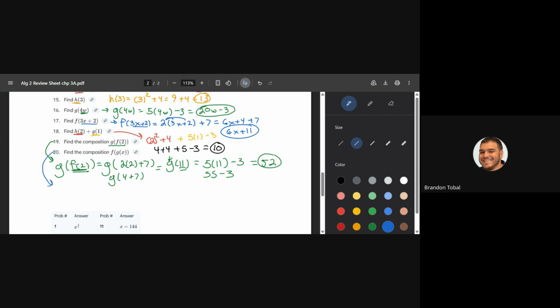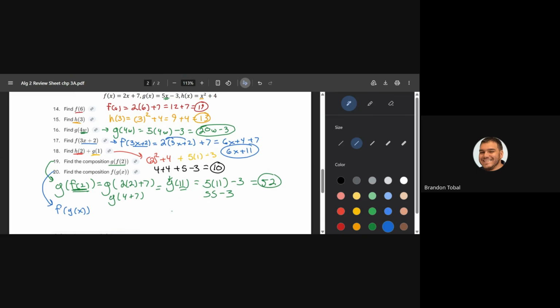That's one. Number 20, f of g of x. So the first thing I'm going to do is replace g of x with what g of x is. Or another way you could think of it, I'm going to plug in x for every x, which doesn't really change much, but that's okay. So 5x minus 3.